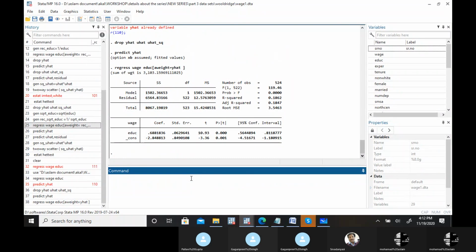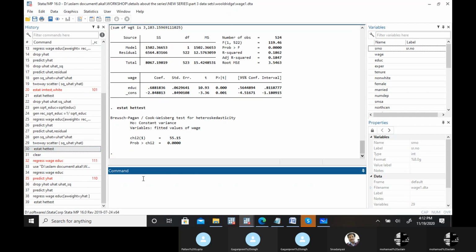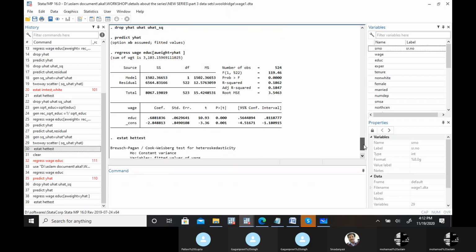Standard error increased. Run the test, the Breusch-Pagan program. It is getting reduced, but still there is heteroscedasticity.